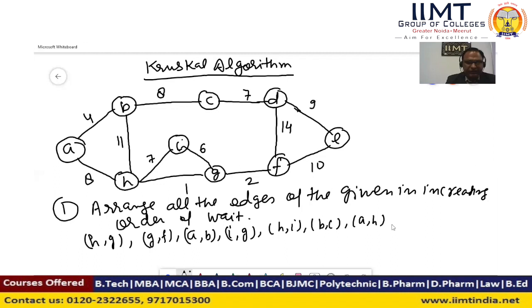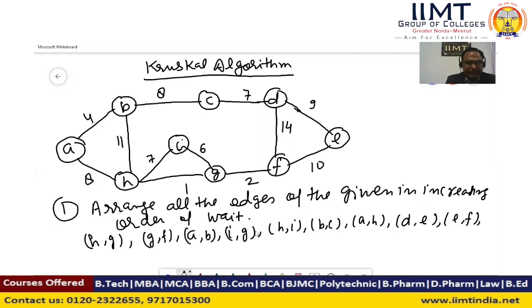We can take any one first; we can also take a comma h first and then b comma c second. After 8, there is a weight of 9. The edge is d comma e. Then 10, e comma f.